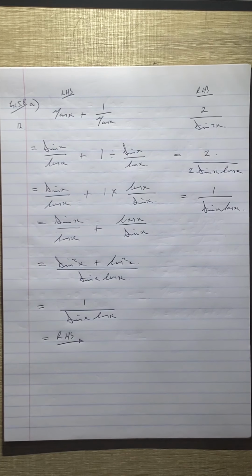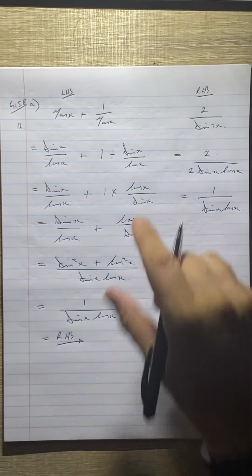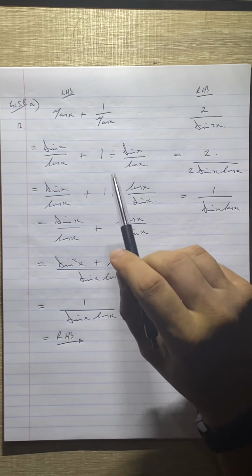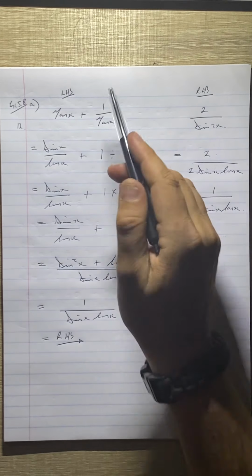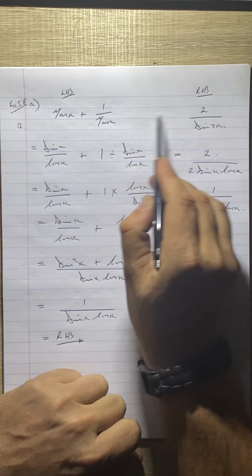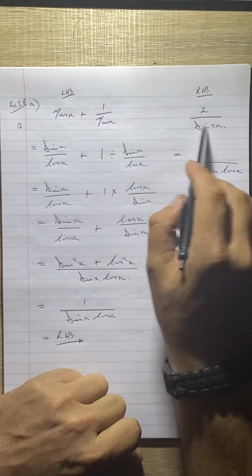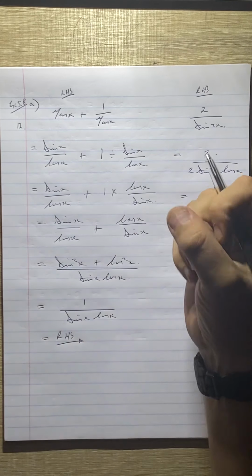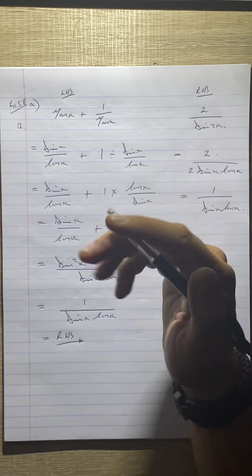Okay. Now, the second part of the question is asking, determine the value or values of x for which the identity is not defined. So remember we had that this thing is equal to this thing. So we need to find out where this thing is undefined. So first of all, when things are undefined, it's when your denominator is 0.